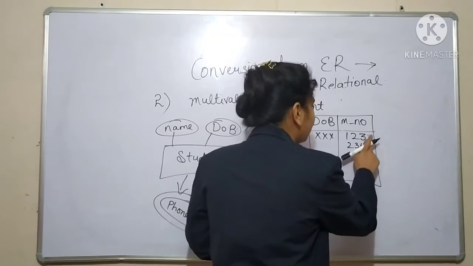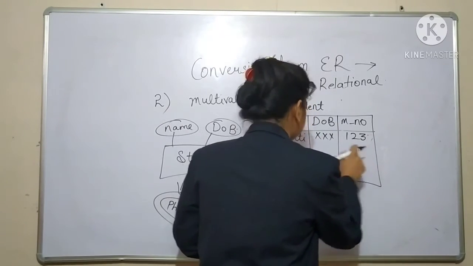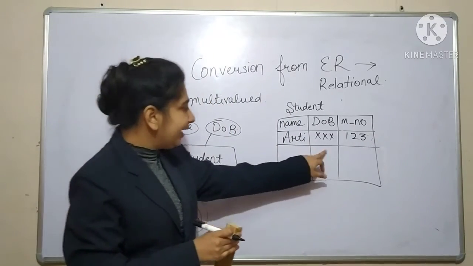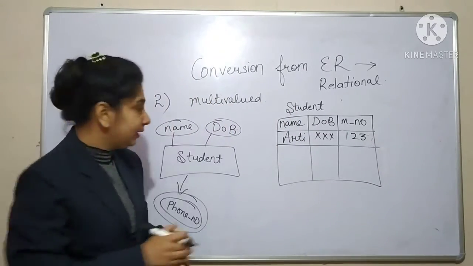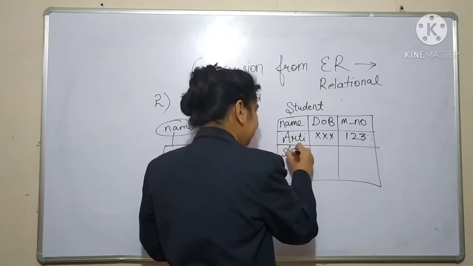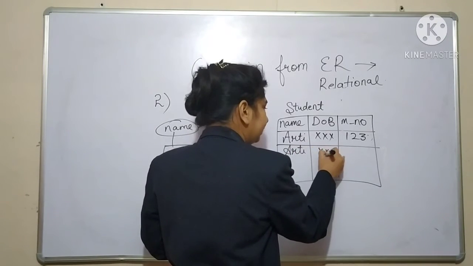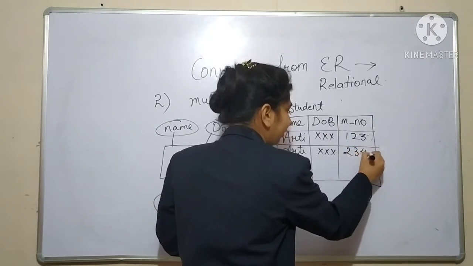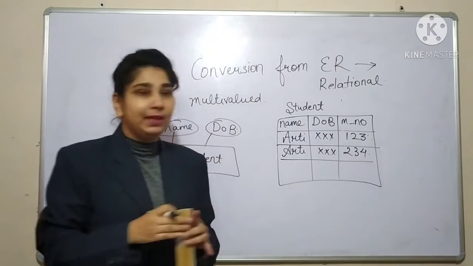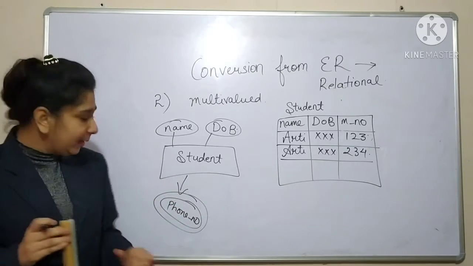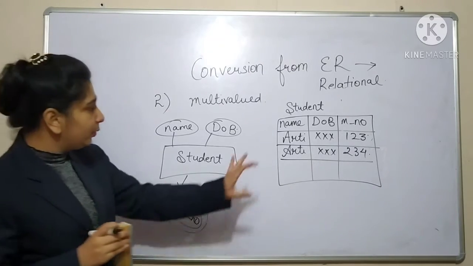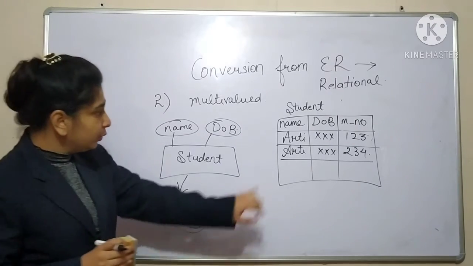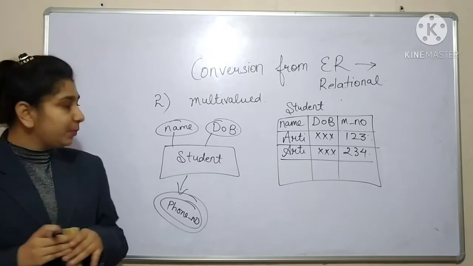So what is the other option we are having? We have to write one more record like Aarti, date of birth, okay, and the mobile number is 234. This way, if you are keeping a multi-valued attribute in one table, you are going to store the information like this.